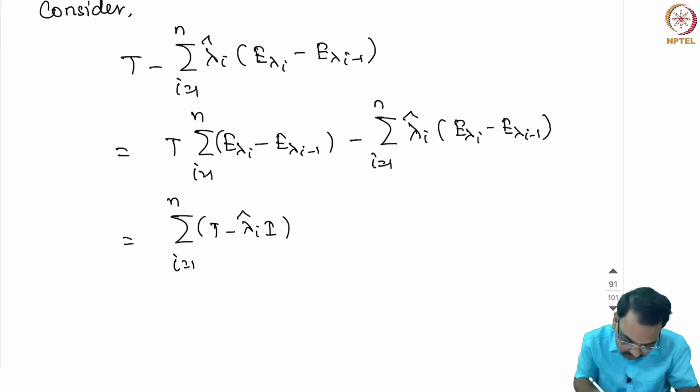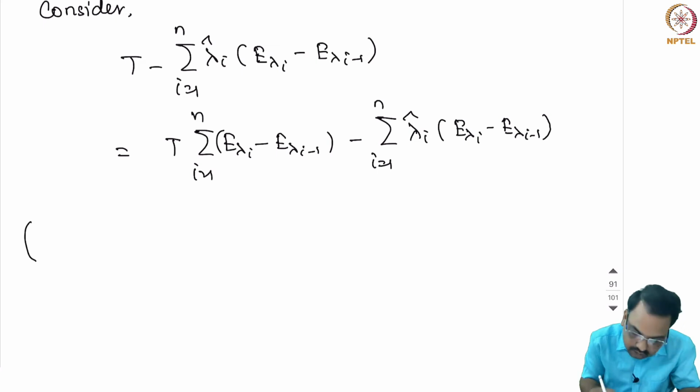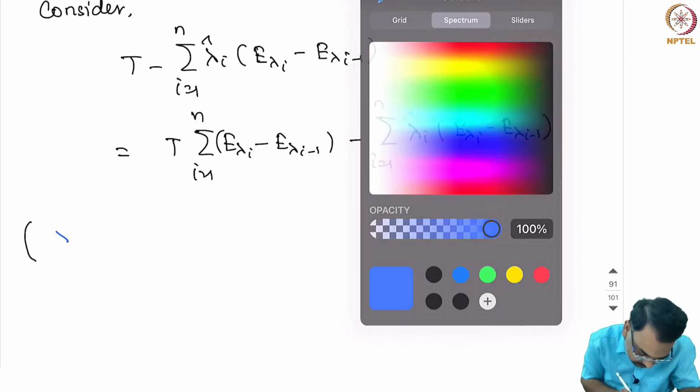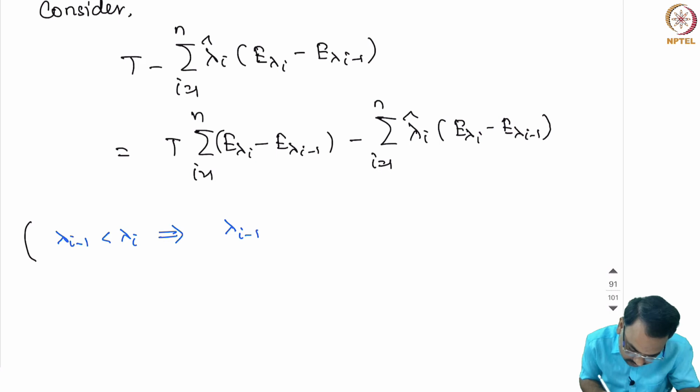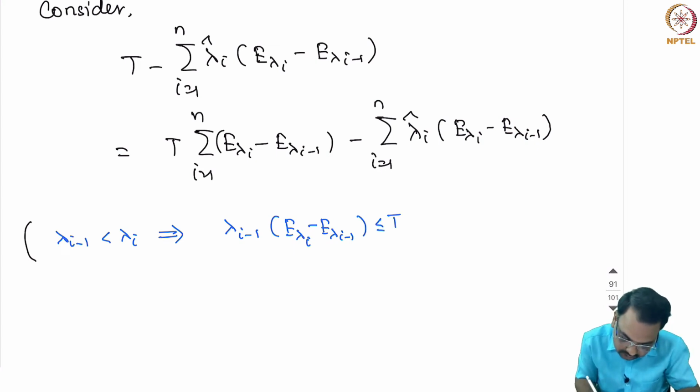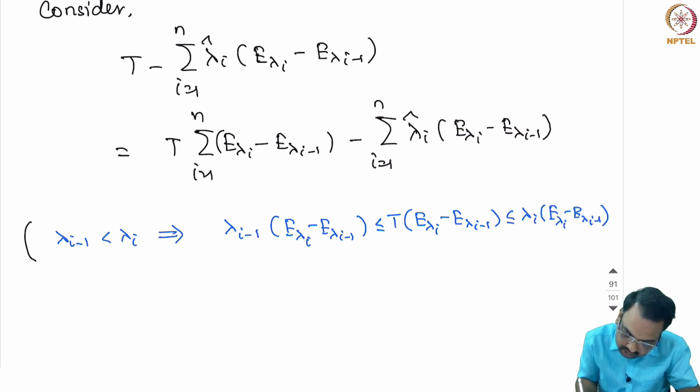Okay, so instead of writing this, we can actually use the following result. Since lambda i minus 1 is less than lambda i, this implies lambda i minus 1 into E lambda i minus E lambda i minus 1 is less than or equal to T into E lambda i minus E lambda i minus 1, which is less than or equal to lambda i into E lambda i minus E lambda i minus 1.